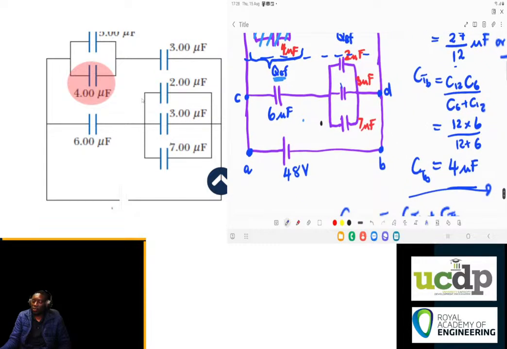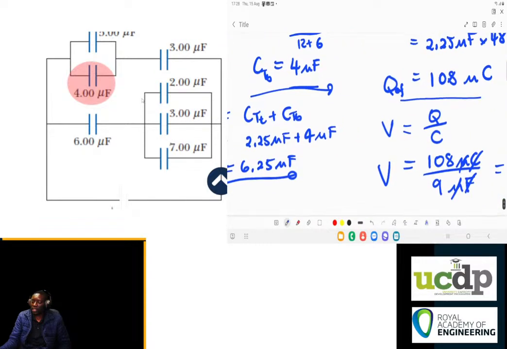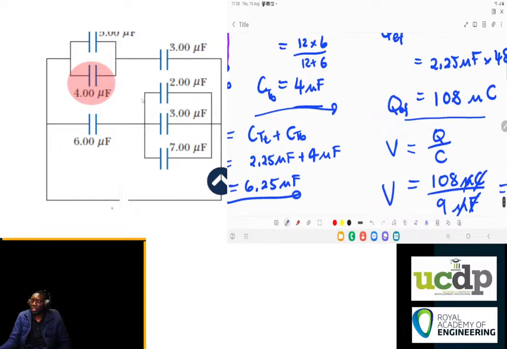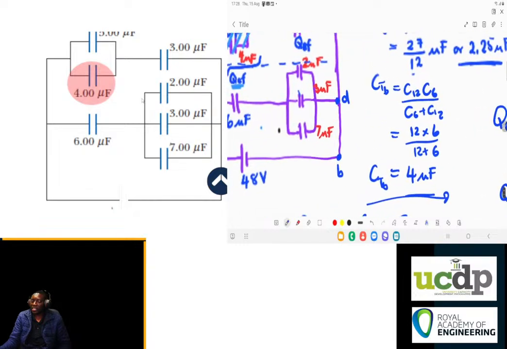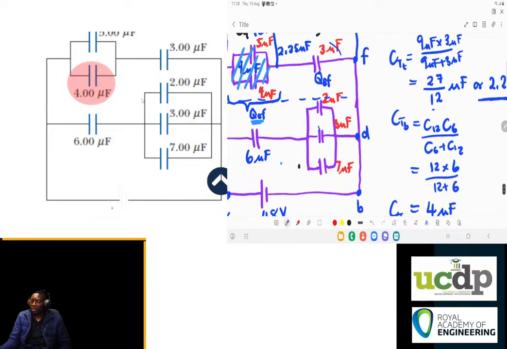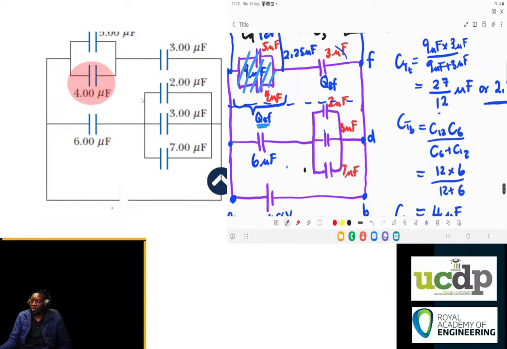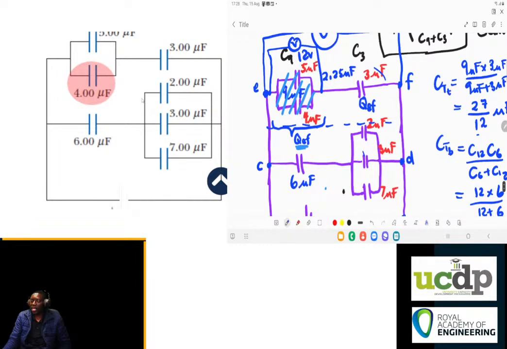Yes. So anyway, having found the charge on the effective capacitance, and knowing that we have 12 volts across each and every one of these capacitors, we can now find the actual charge on the 4 microfarad capacitor. It has 12 volts across it, and its capacitance is 4 microfarads. What is the charge across it?